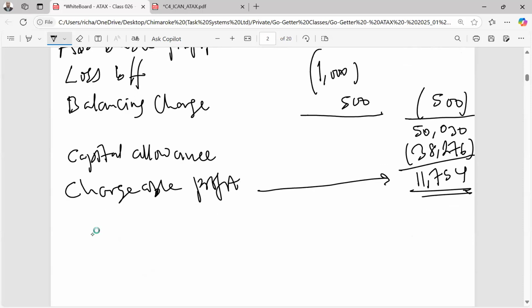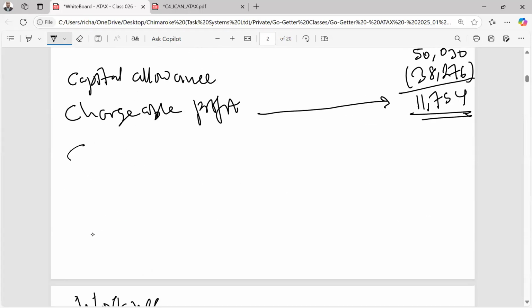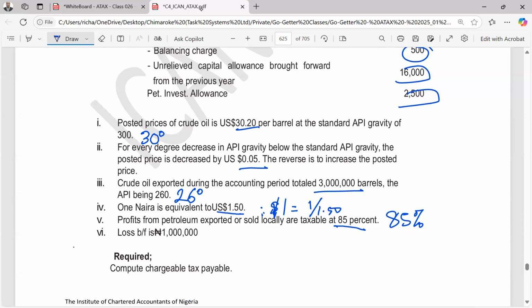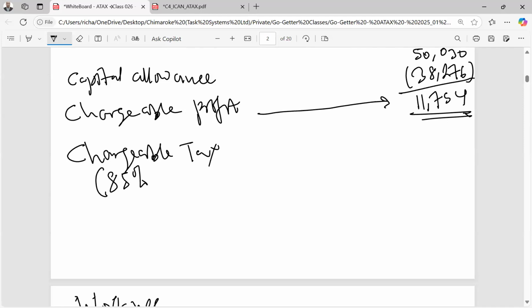But we are asked to look for chargeable tax. Chargeable tax is going to be 85%. We are also told profits from petroleum exported or sold locally are taxable at 85%. Now, this is different from this 85% you did in your restriction. That one is 85% of accessible profits.